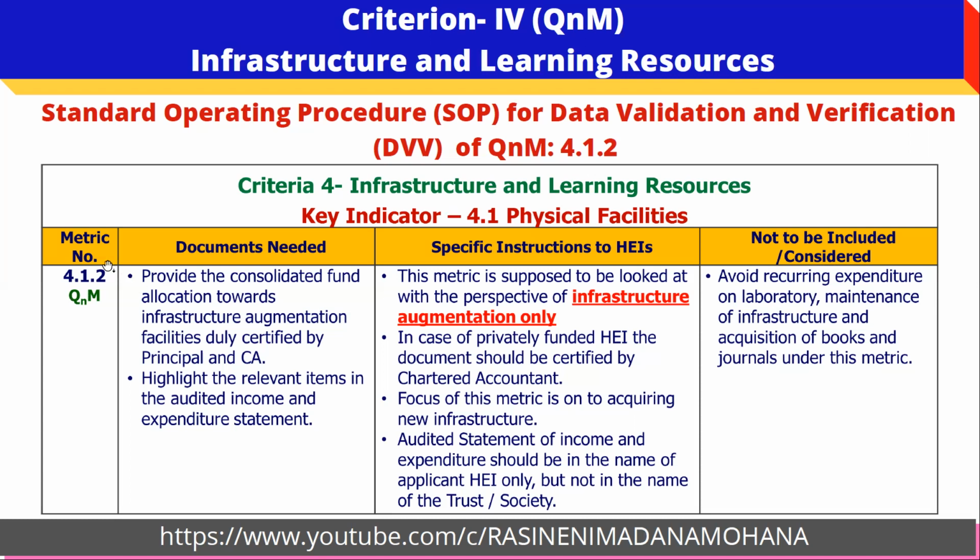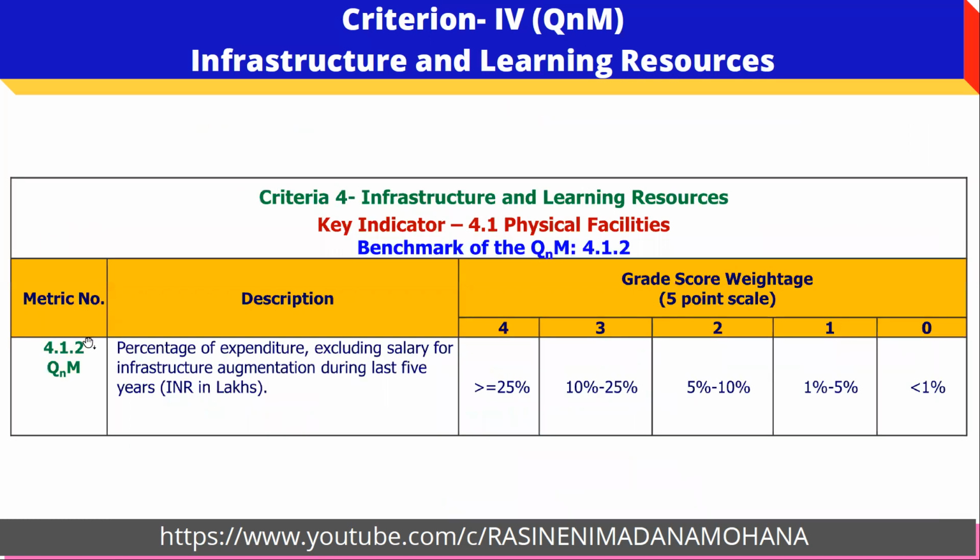Then coming to the benchmark of 4.1.2. That means, based on what percentage you will get what score. Here, the percentage of expenditure excluding salary: if the percentage for all the 5 years together is greater than or equal to 25%, you will get the full score, that is grade point 4.